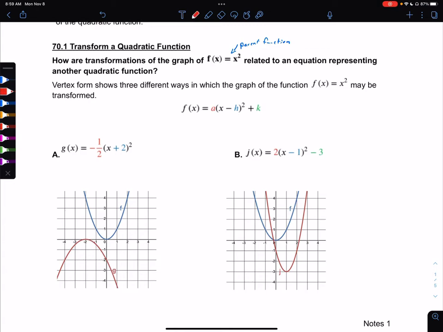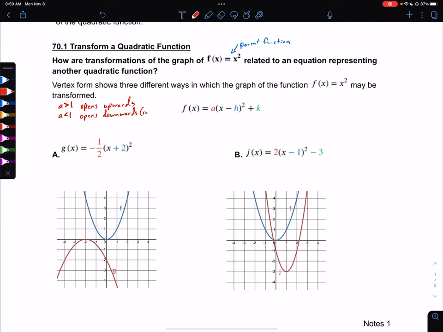So first thing we have is our a value. The thing that a does is, if a is greater than 0, then our graph opens upwards. If a is less than 0, it opens downwards.